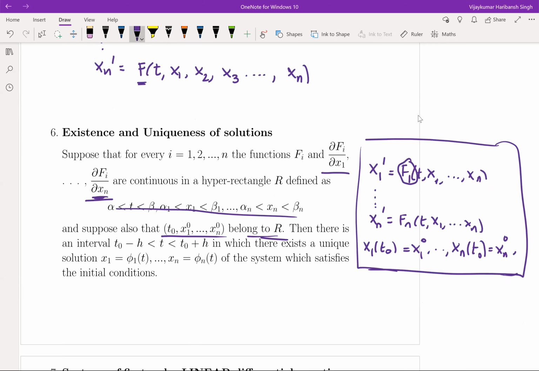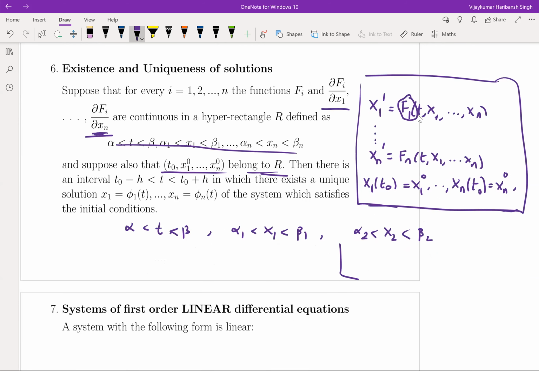So you see that this point is in the space, right? Let me just work with two variables here. So what do I have? My t is between alpha and beta. My x1 is between alpha 1 and beta 1. And suppose my x2 is between alpha 2 and beta 2.